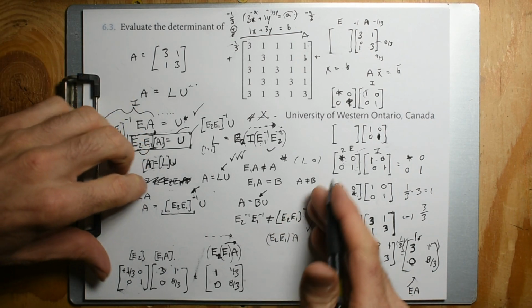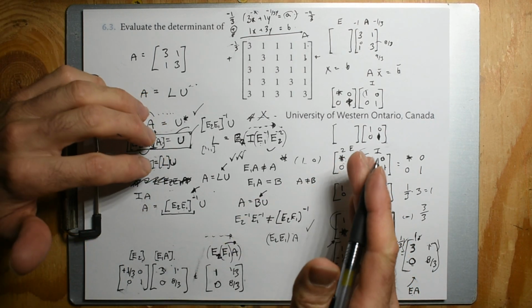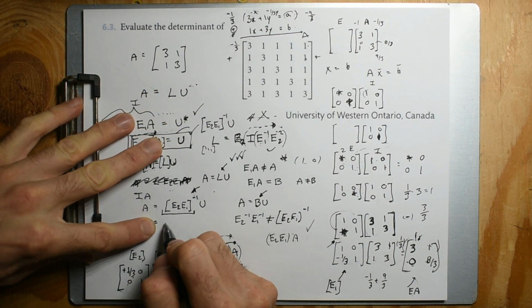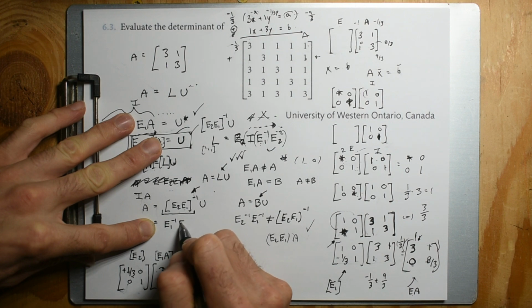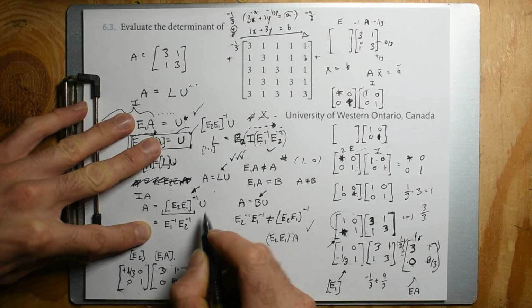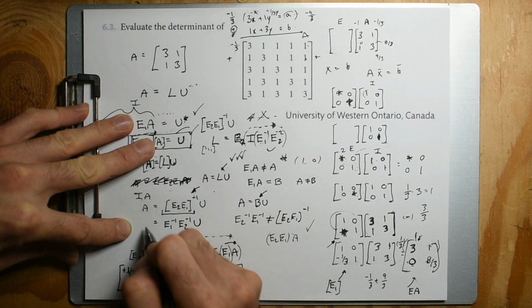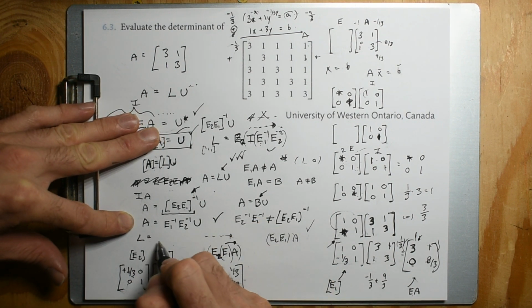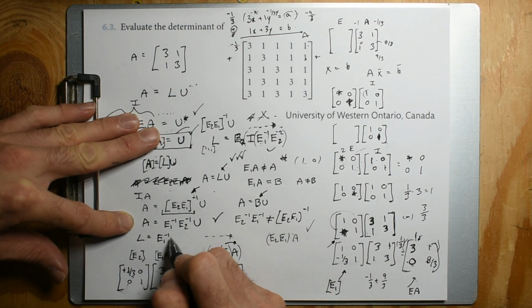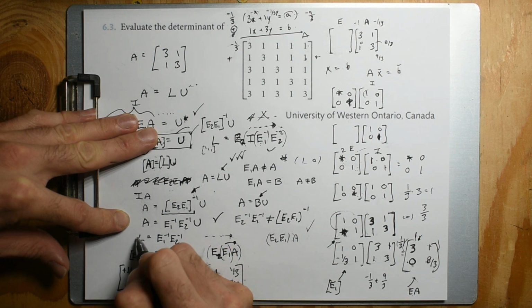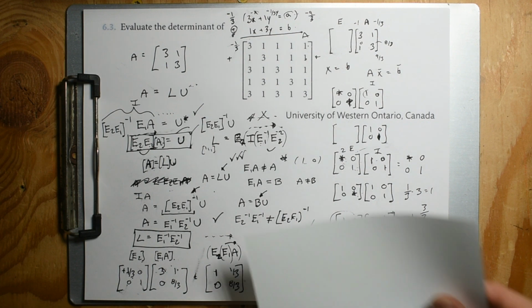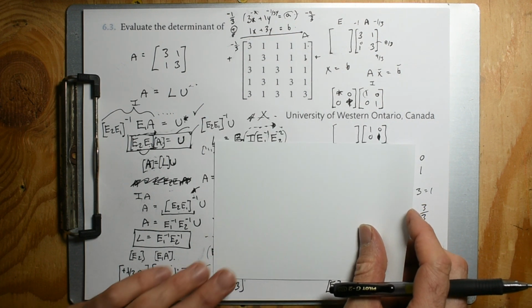So I just guess, let's say this is E1 inverse, E2 inverse U. That's what we're trying for, and we're trying to show that this lower is E1 inverse, E2 inverse. But we need a proof to do that. So that's going to be the next part of it. How do we prove that?